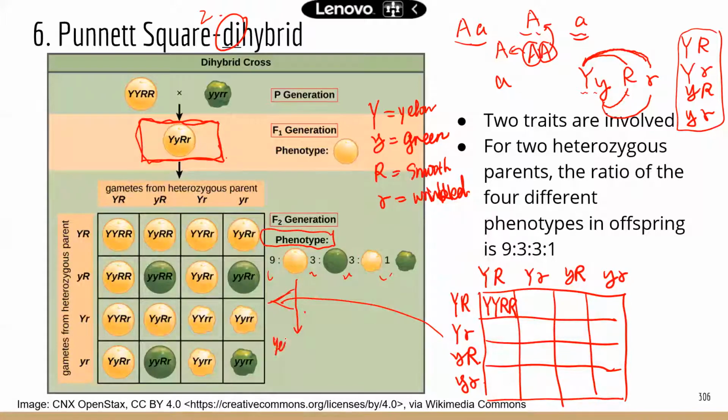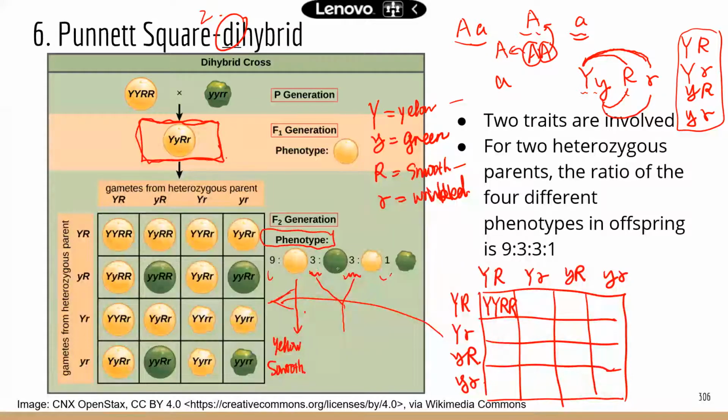It's going to be yellow for seed color, right? Dominant, and smooth for the texture, right? Which is also the dominant trait. And the 3 and 3, these 3 numbers will be referred to organisms that have only 1 trait being dominant. So this means 1 trait being dominant, the other trait being recessive, right?